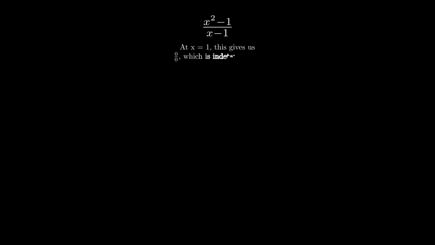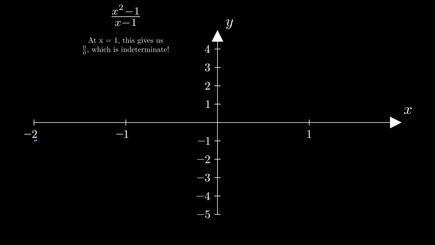But what about limits? What do they allow us to do? Well, consider the function x squared minus 1 all over x minus 1. At x is equal to 1, this gives us 0 over 0, which is indeterminate. What that actually means is that if you graph out the function, at x is equal to 1, there is technically a very small gap there.